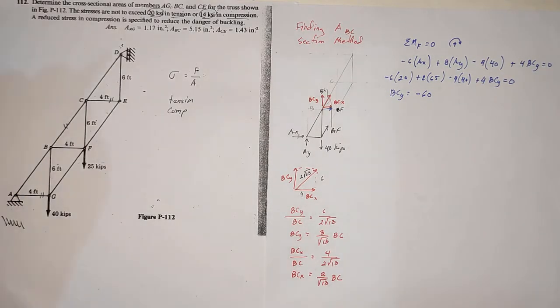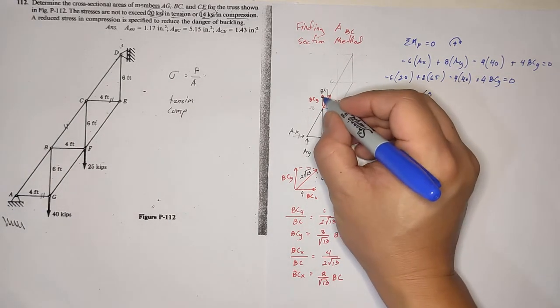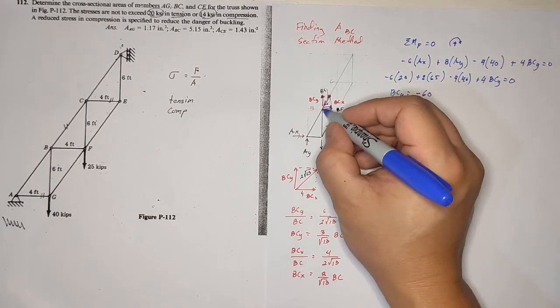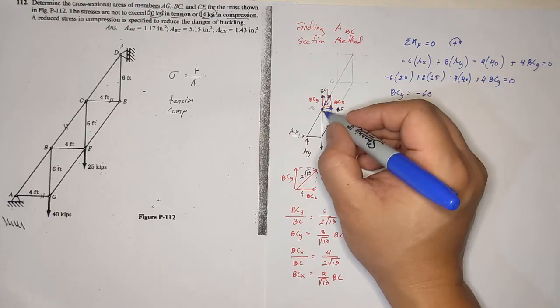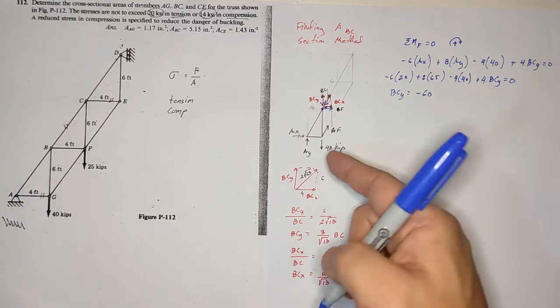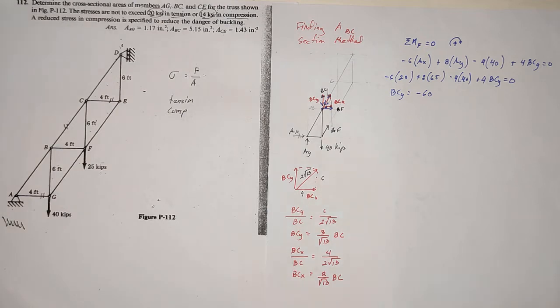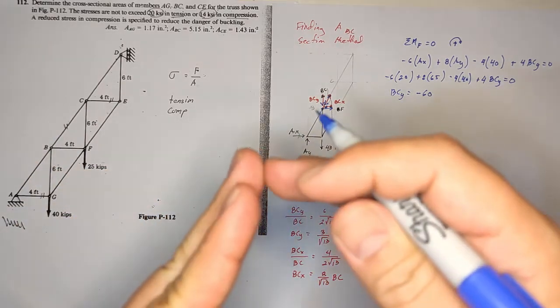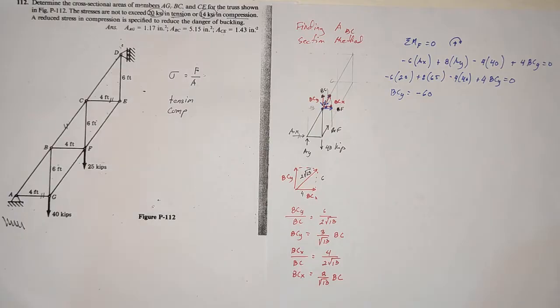So what we are going to do is to change the direction, make it pointing to this point, or to this member. So, when it's pointing to that member, it means it is compression. Okay? If it's away, it's tension. If it's going into the point or to the member, it's compression. So, we will change that one.